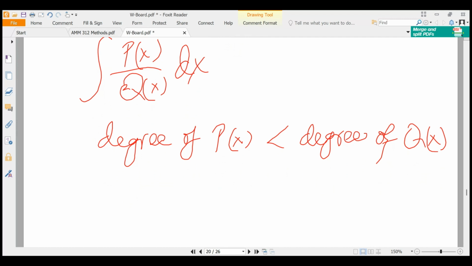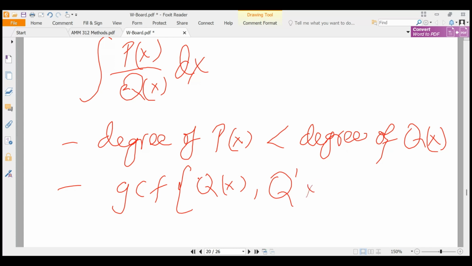And number two is that when q of x has repeated or irreducible factors, and that means that the greatest common factor of q of x and its derivative q prime of x is different from 1.